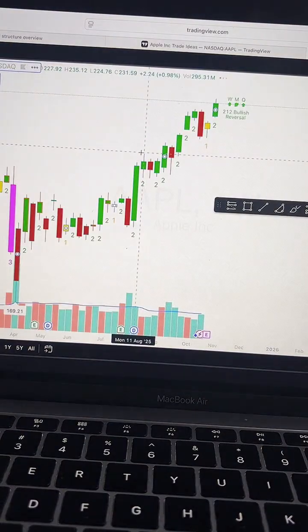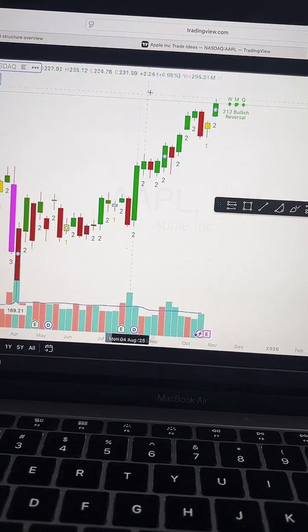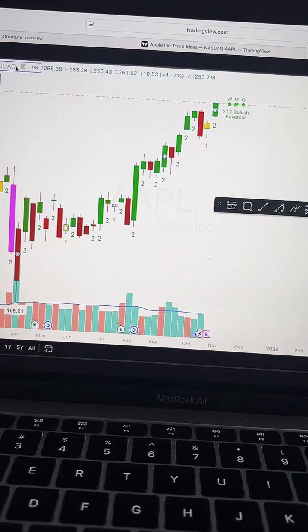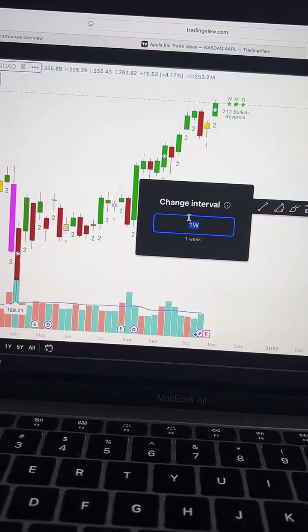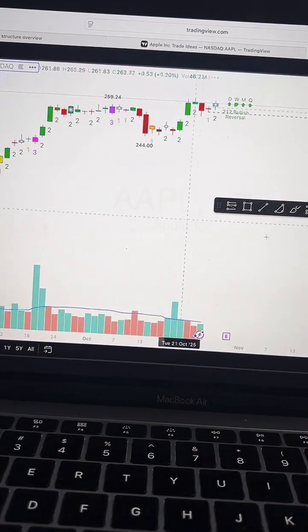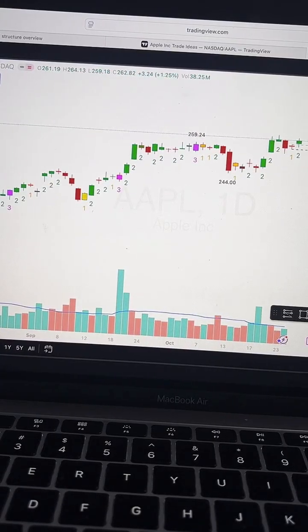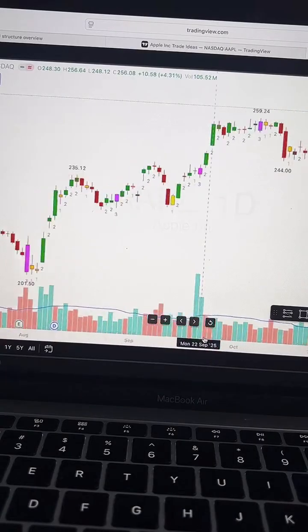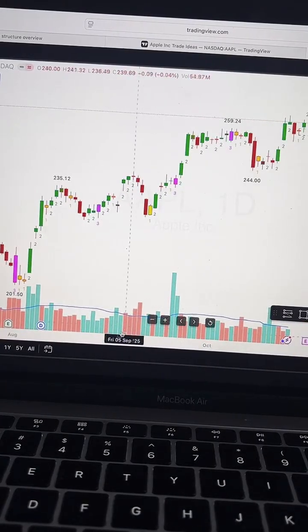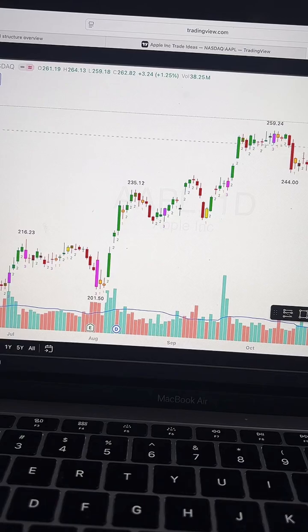Apple, where are we on Apple? Okay, Apple, let's go to the daily. Okay, now Apple, I see the structure is an uptrend.